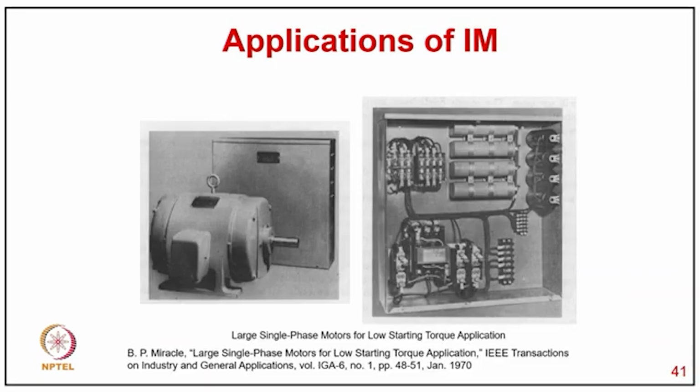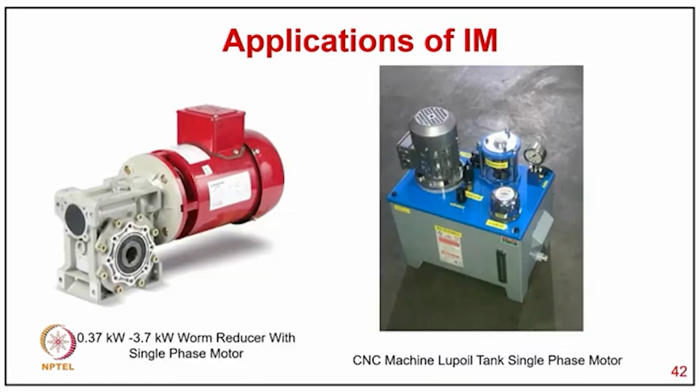Then large single phase induction motors, typically for irrigation applications. They have developed even reasonably large ratings, about 50 horsepower single phase induction motors. Otherwise, it is normally half a horsepower to 5 horsepower that is produced with a single phase induction motor.